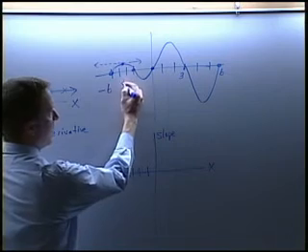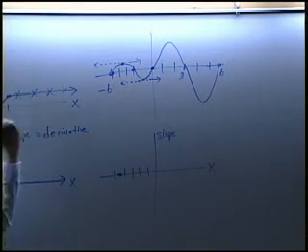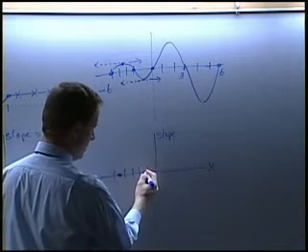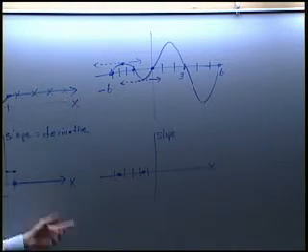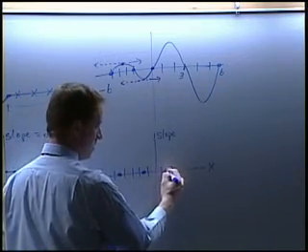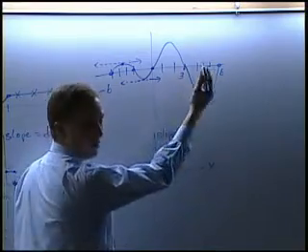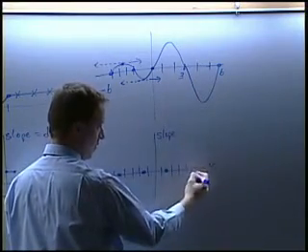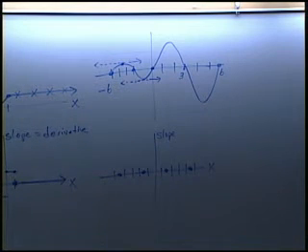Negative 1.5 should have a slope of 0 because it'll be a valley. Where else do I need a slope of 0? Positive 1.5 and, probably over here about 4.5 somewhere. Yeah. 3, 4, 5, yeah.